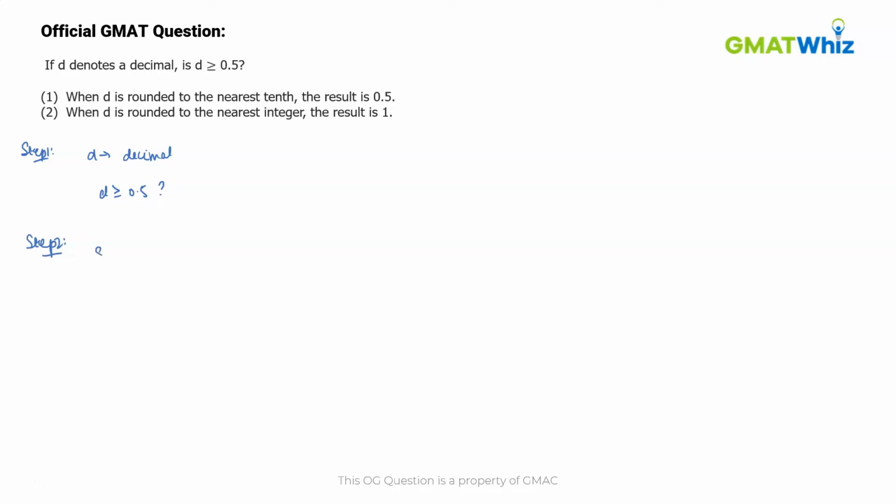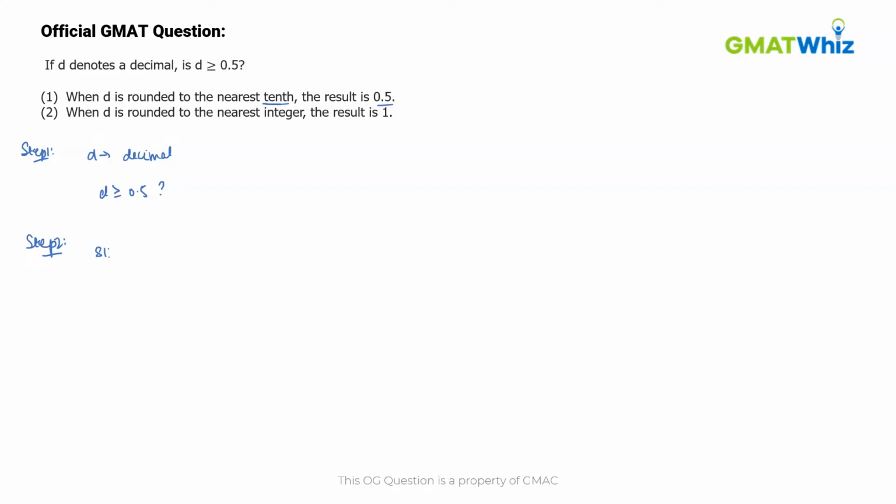According to statement 1, when D is rounded to the nearest 10th digit, the result is 0.5. Let's write down the cases where the numbers after rounding off will give us the value 0.5.